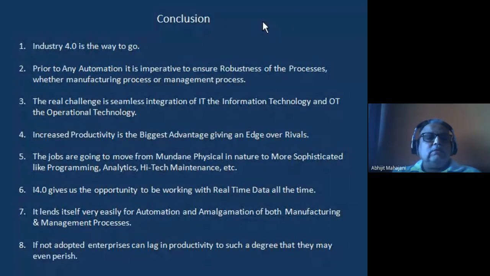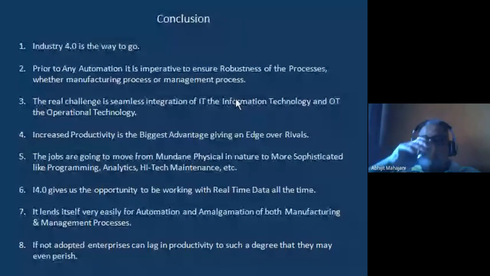It is technology management coupled with change management, because the operators and the managers on the shop floor are going to lose their freedom of playing around. So you have to first get them into confidence and talk to them about the changes that are going to come, and then implement all this.